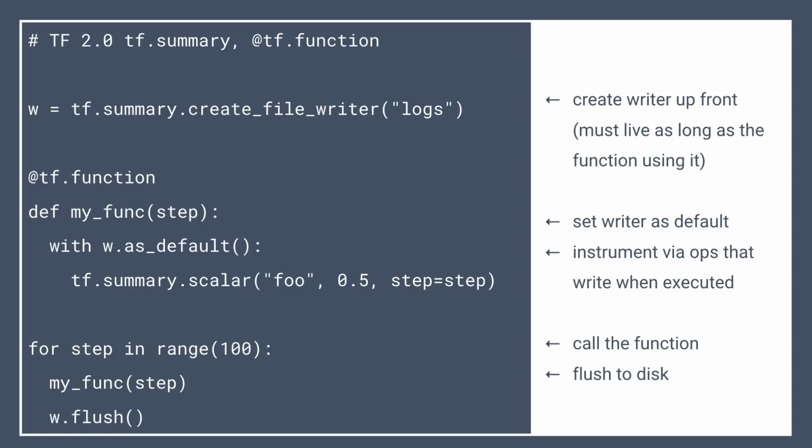It's a limitation that hopefully we can improve a little bit, but for now at least that's one caveat. So the best way to handle that is you set the writer as default in the function itself, and then call the instrumentation ops that you need. And these write, again, when executed, meaning when the function is actually called. So we can see that's happening down with the myfunc call. And then you can flush the writer again.